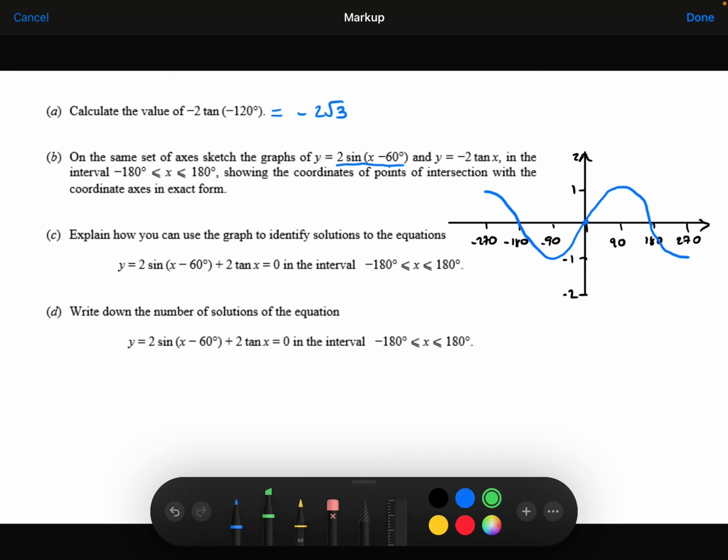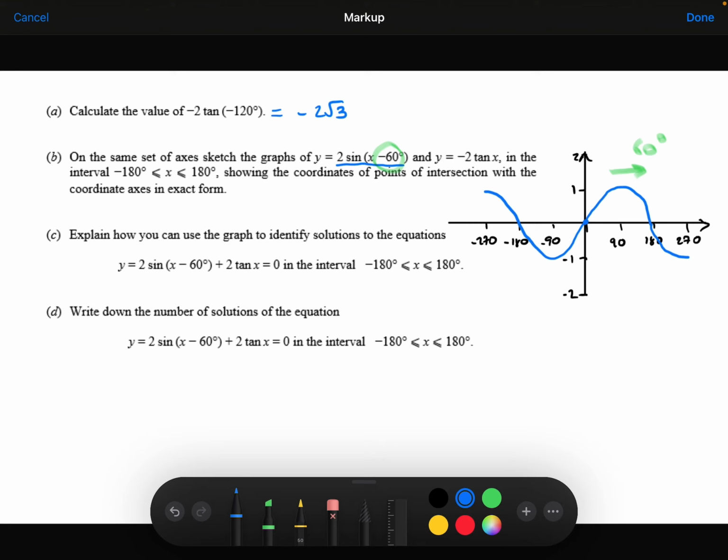Now this minus 60 on the inside there, that's going to take that graph and it's going to add 60 to all of the x coordinates. So it's going to move 60 degrees that way. So let me take this blue curve and we're going to move it 60 degrees.